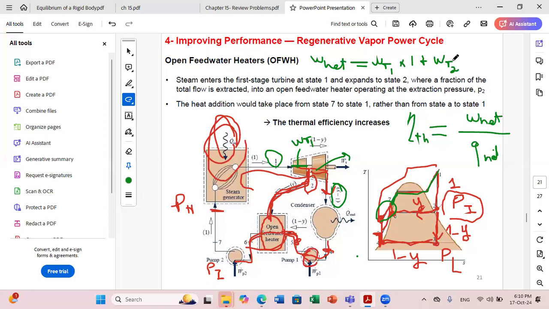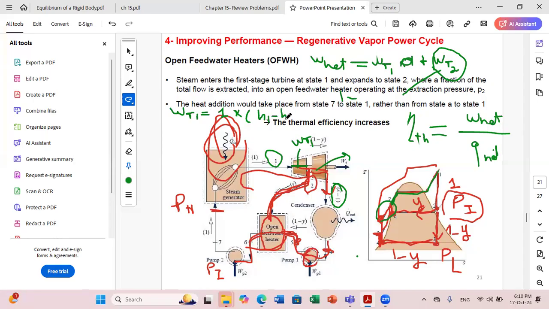If you want, just to explain what I'm saying: when you calculate w turbine 2, you should consider 1 minus Y. So the times 1 here is not for w, it's for delta h, okay? And here, what is w turbine 1? It's equal to 1 times h1 minus h2, okay?